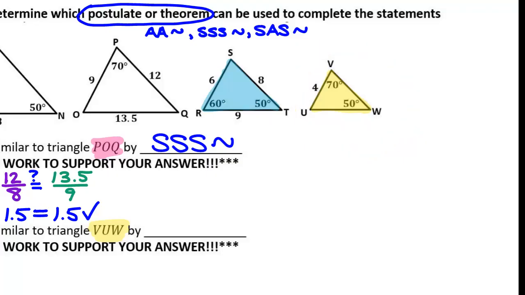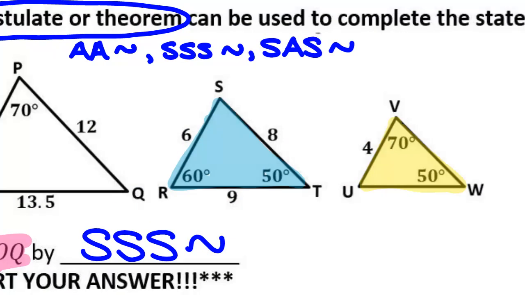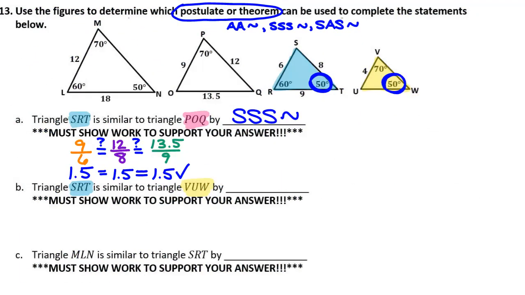Could I try for side? Over here I could. Yeah, I don't have 2 sides over here on VUW, so side is also out, which leaves me with which one is the one it has to be. If it's going to show similarity, it has to be angle. That's my only option. My problem, though, is that I see these 2 angles that correspond.